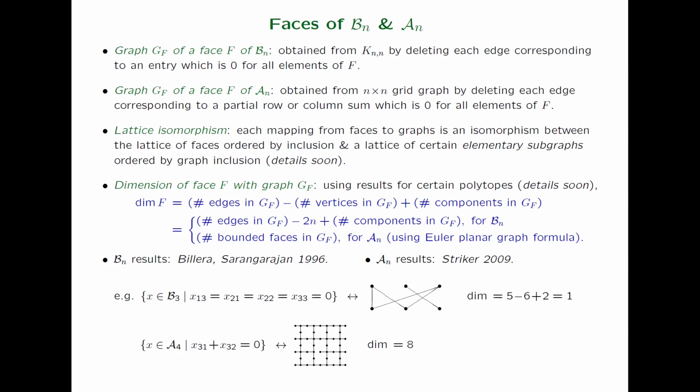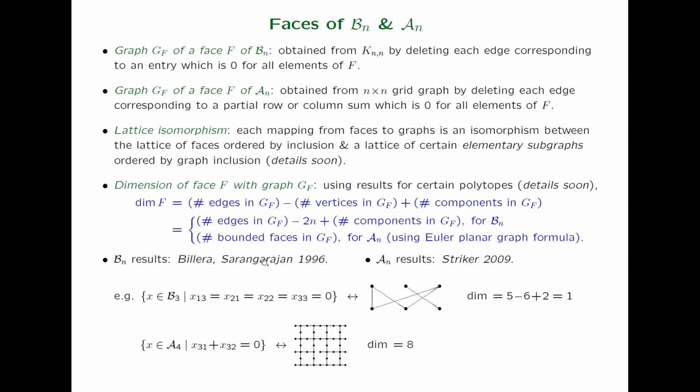And thanks to Euler, we've got a very nice formula for the number of bounded faces, which is just the number of edges minus the number of vertices plus the number of components for any planar graph. So for the A_n case, we've got this very simple result that the dimension is the number of bounded faces in the graph of F.